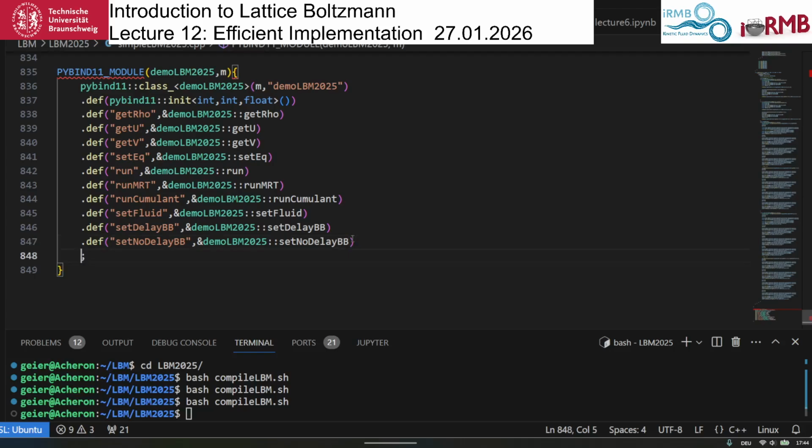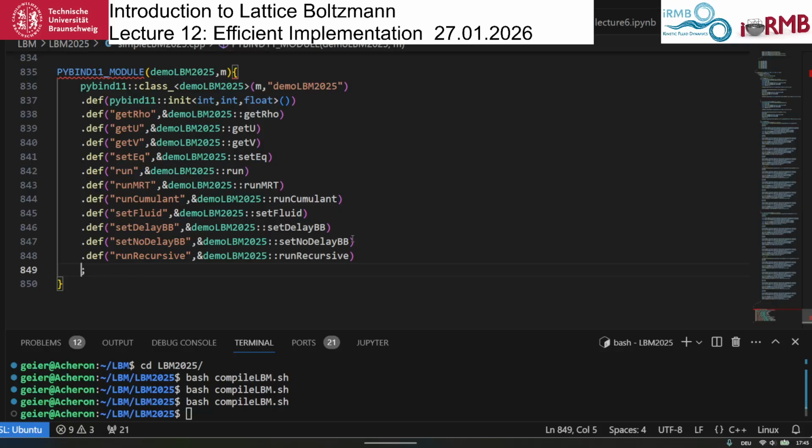So, but that's put dot dev run. So we called it run recursive, right? Run recursive and demo LBM 2025. Okay, we need to export one more thing, namely the get child.